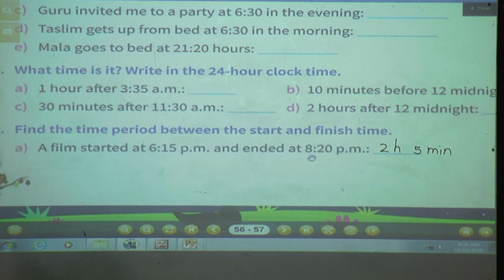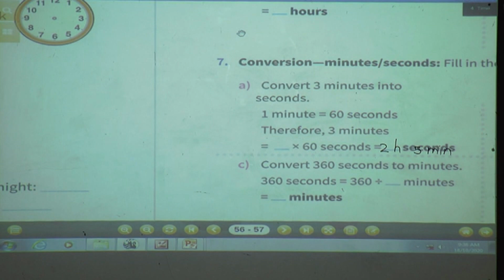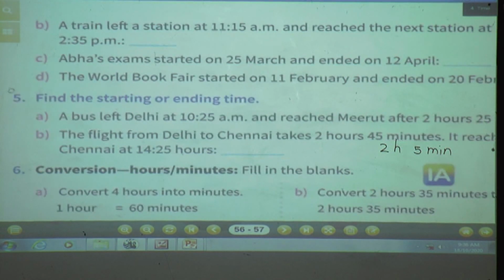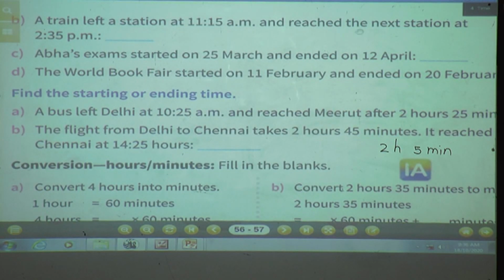Okay. Now open the next page. Here, page number 57. See here. A train left a station at 11:15 AM and reached the next station at 2:35 PM. So calculate the time, students. After 11:15, count the time till 2:35.